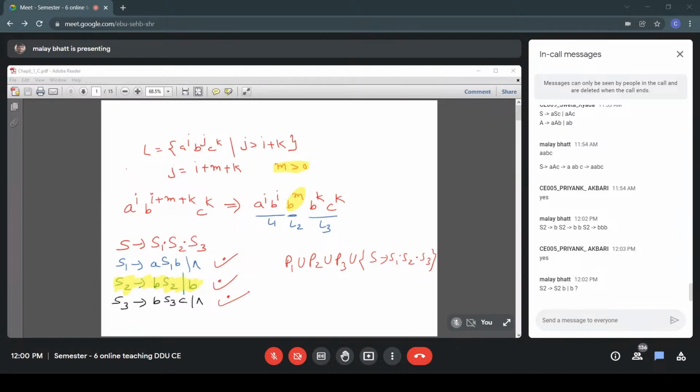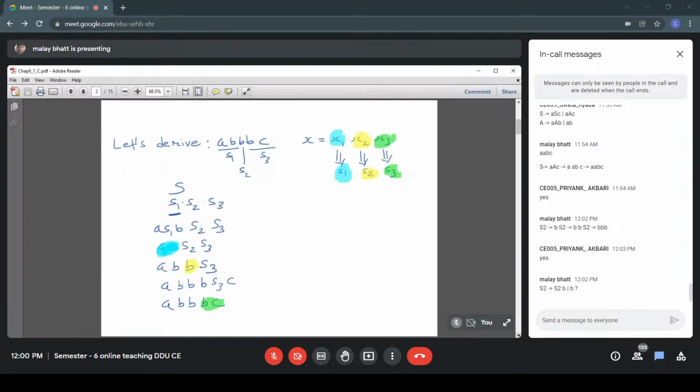Now using these, we can derive the string A B B C. You can see that AB is derived from the non-terminal S1, B from S2, and the last group BC is derived from the non-terminal S3.